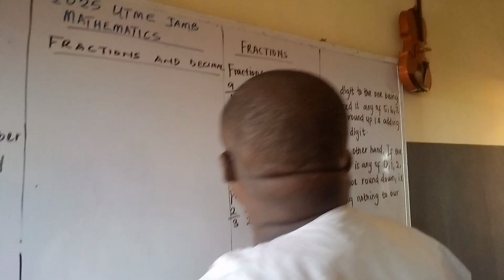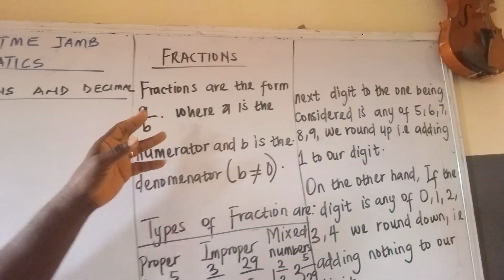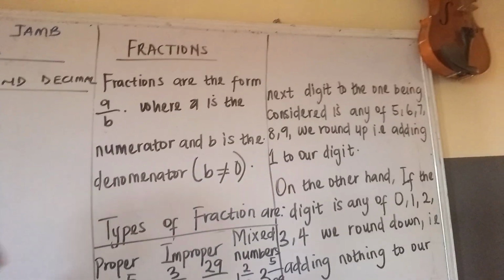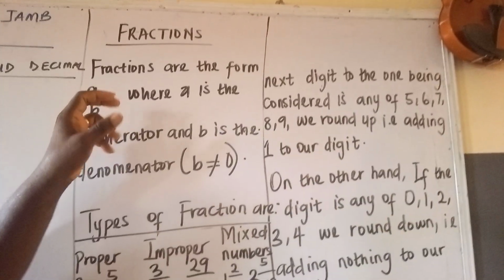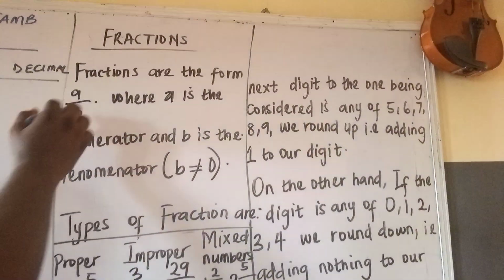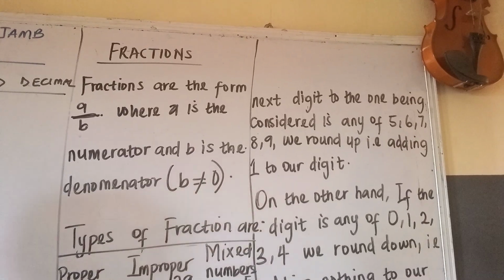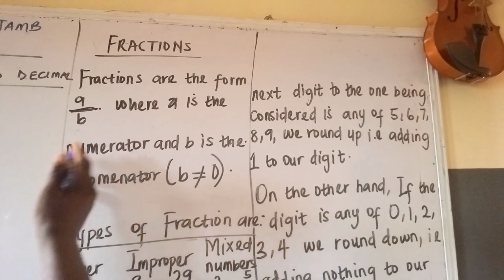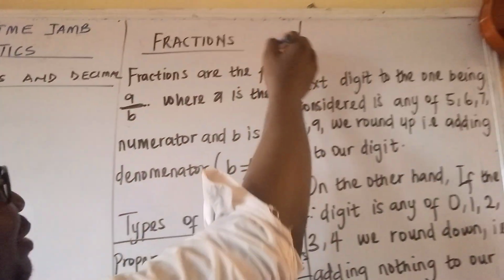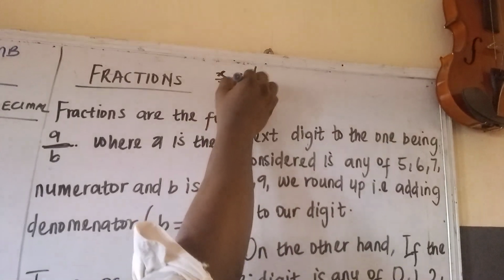Fraction, as we know, is the placement of a number against another number, separated by a line of division. A fraction can exist in the form of x over y, which can be 1 over 2.